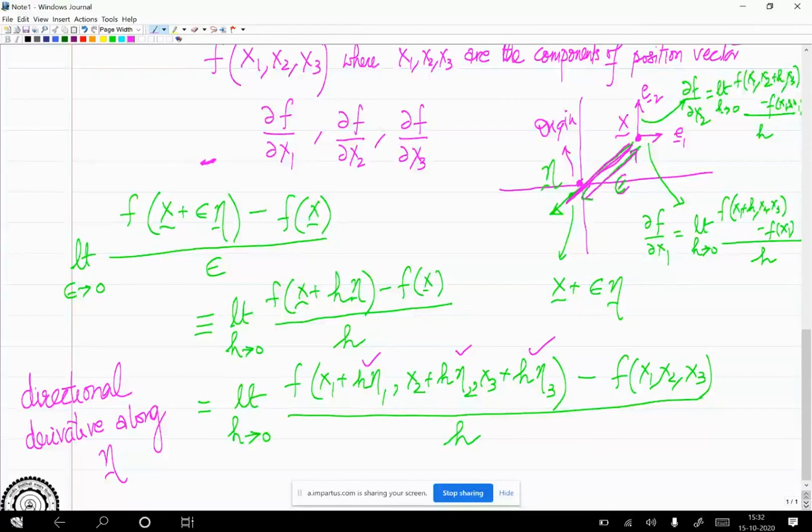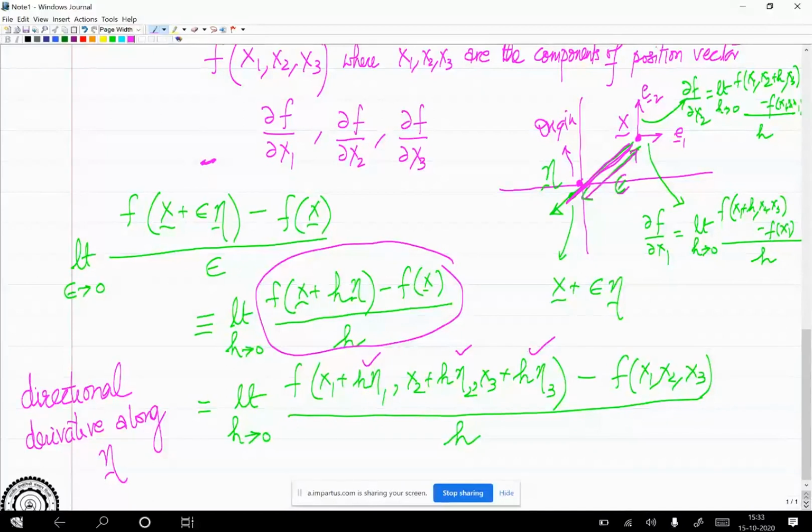Well, I could write one, but then what are you going to differentiate it with respect to? You have to write it in a fashion like this. What will you write in the denominator, and the limit of what will you take as zero? Suppose you write h eta as beta and write beta in the denominator, then it becomes a vector. Yes, it becomes a vector, and you don't know how to divide by a vector. Do you know how to divide by a vector? No, I don't. Right.